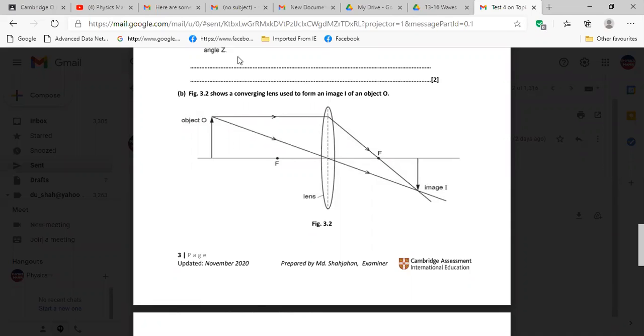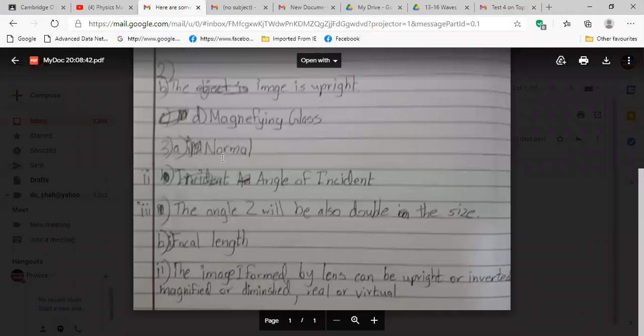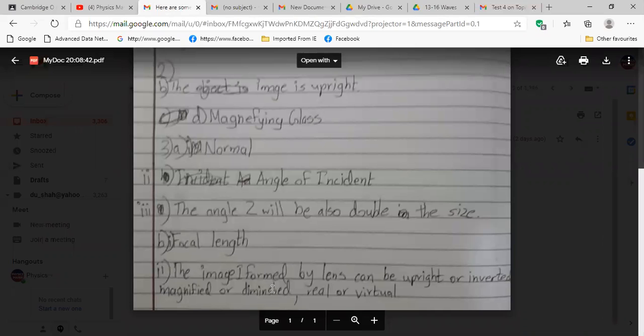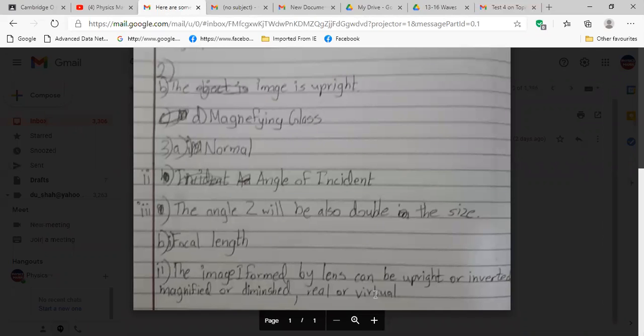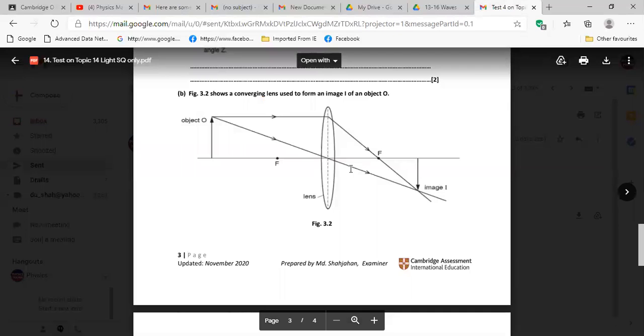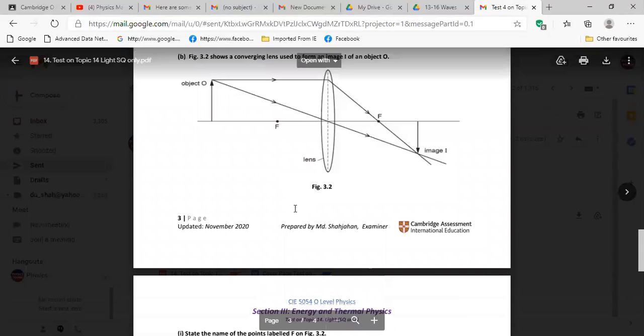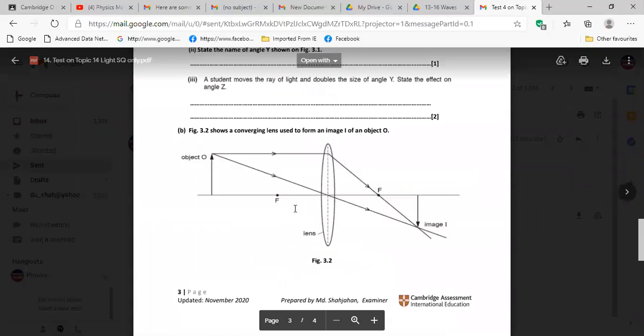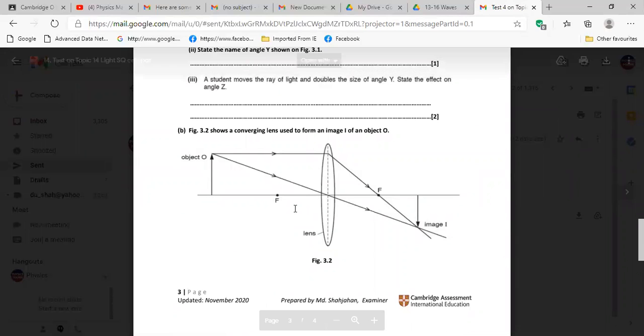So let us see now your answer, what you wrote. The image I found by the lens can be upright or inverted, magnified or diminished, real or virtual. So you wrote everything, right? But for this image, they are specifically asking you the characteristics of the image I. This image.